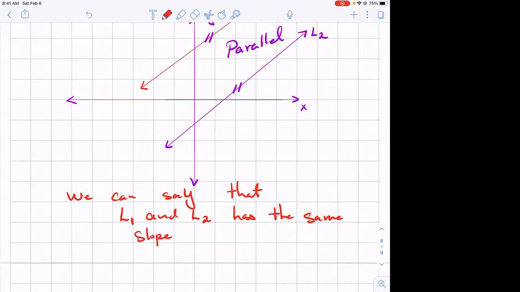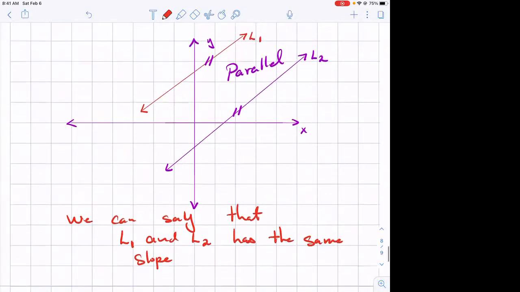Okay? So anytime lines are parallel, the slopes are the same.